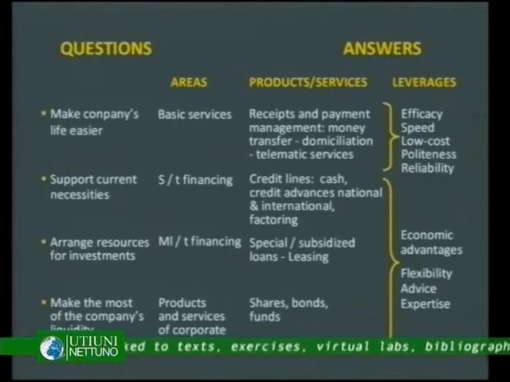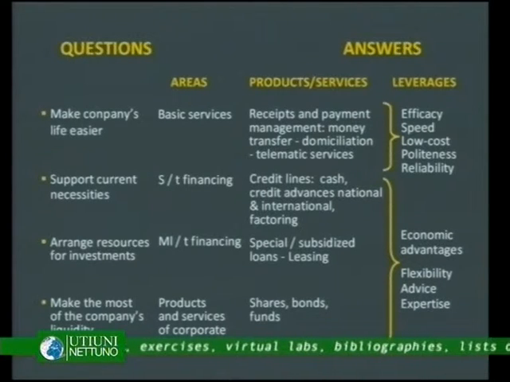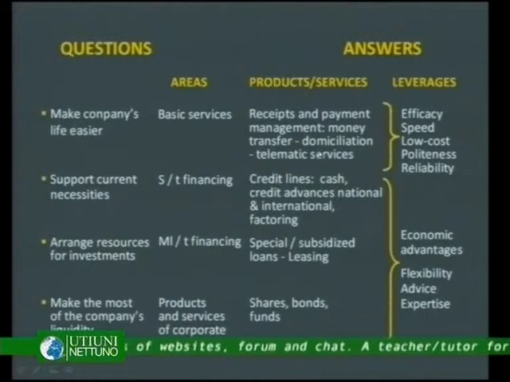And the reply of the corporate relationship manager is the offer of the basic services which are put available by the bank, which are basically receipts and payment management, money transfer, domiciliation, telematic services.